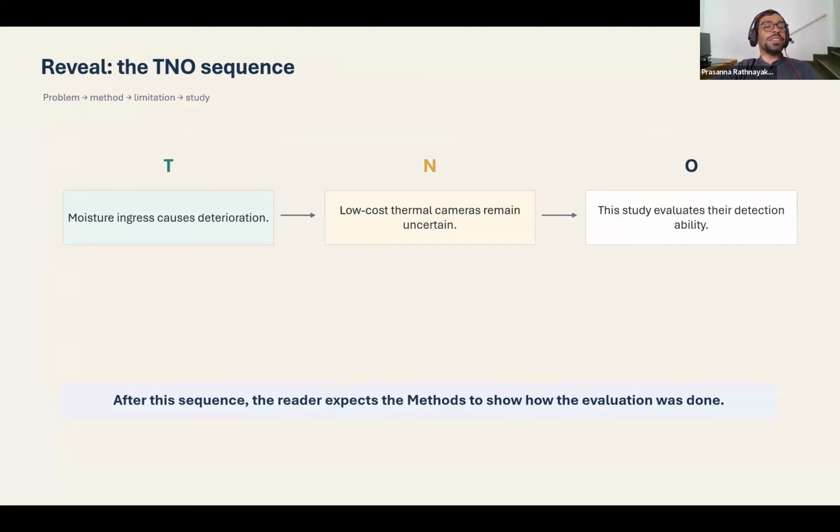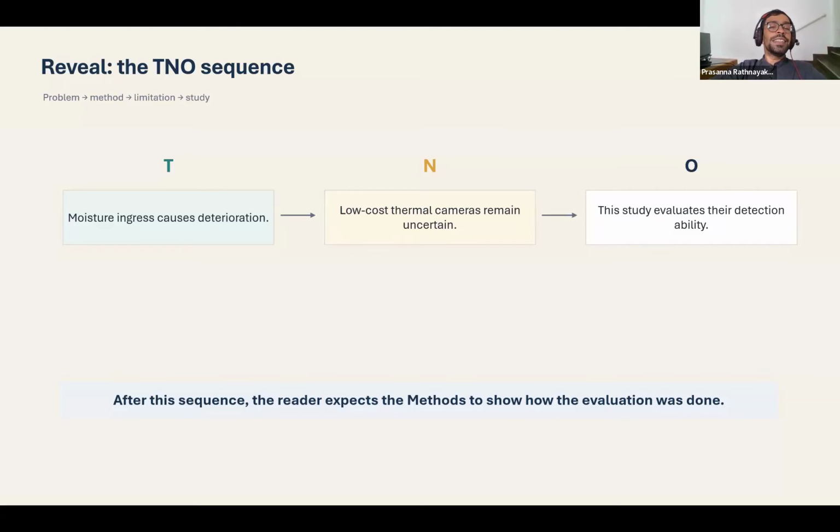Look at the TNO sequence. Now here the territory is moisture ingress causes deterioration. So if the study is all about moisture ingress solution, the territory could be this. But actually, as Mihiri highlighted, this study is going to evaluate the detection ability of what?